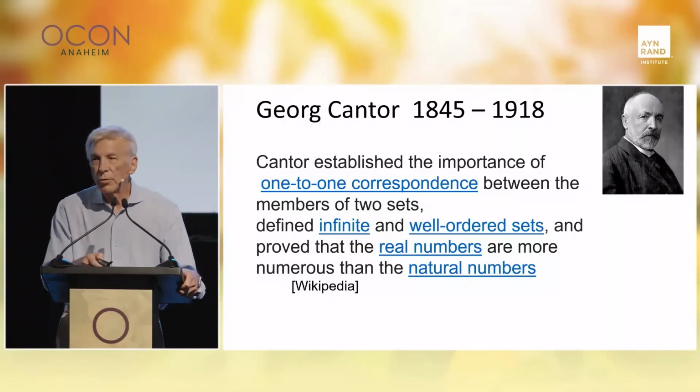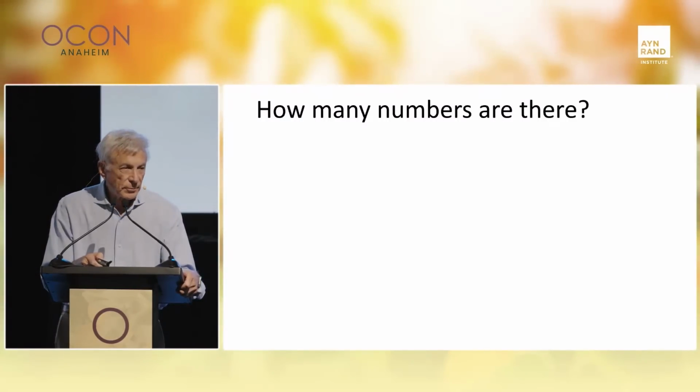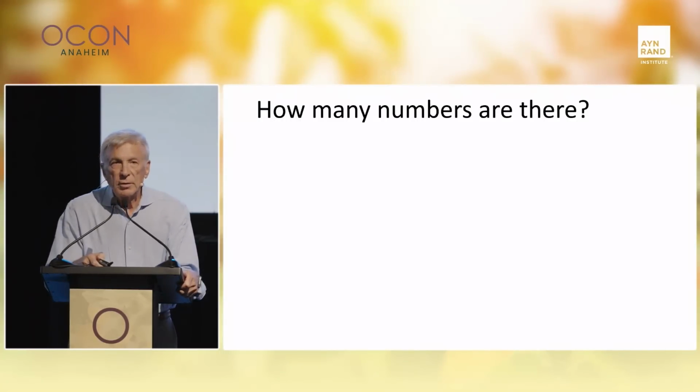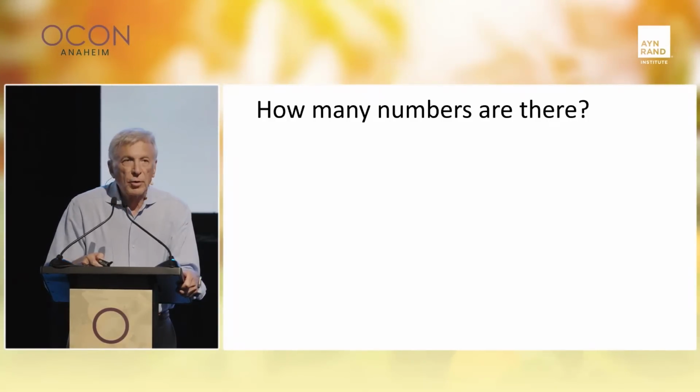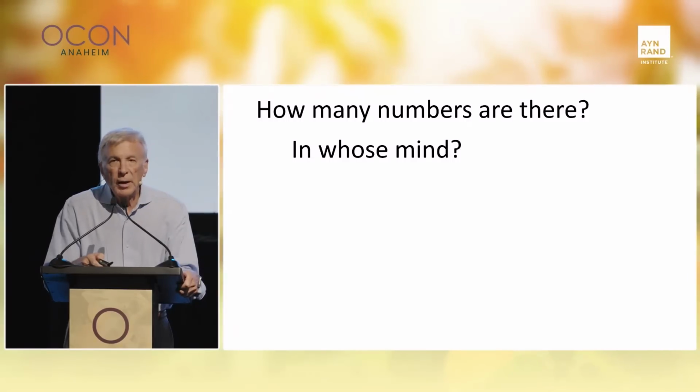Now, probably half of you have heard of this. How many numbers are there? Well, an infinite number, right? There are an infinite number of numbers. No. The right response is, in whose mind? Now, this is me. This is how we're going to shoot down Cantor.